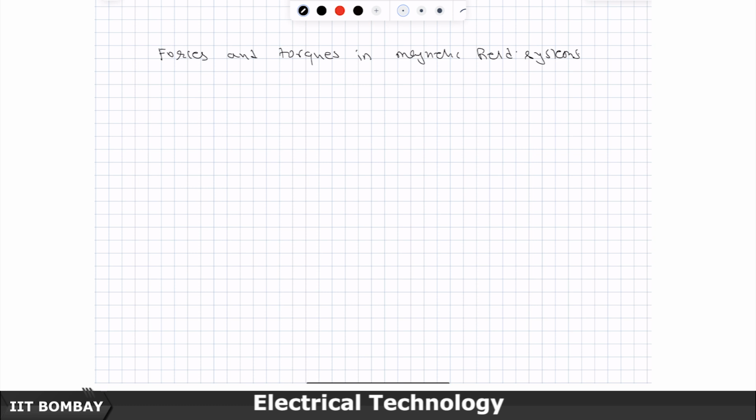So, aggregation is for a machine somewhat difficult, like to calculate torque on each of the conductor and then do a vectorial addition of the torques and then calculate. So, that becomes a bit tedious to carry on.